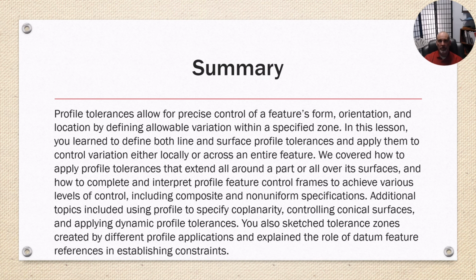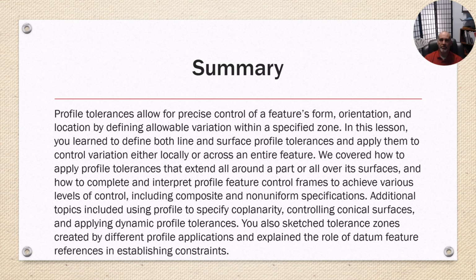Okay, in summary, profile tolerances allow for precise control of features, form, orientation, and location by defining allowable variation within a specified zone. In this lesson, you learn to define both line and surface profile tolerances and apply them to control a variation either locally or across an entire feature. We covered how to apply profile tolerances that extend all around a part or all over its surfaces, and how to complete and interpret profile feature control frames to achieve various levels of control, including composite and non-uniform specifications.